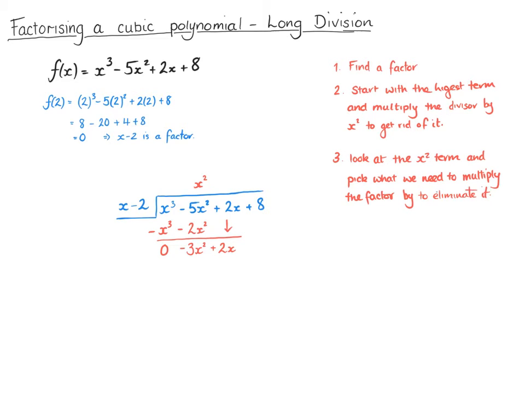Okay, so here we have negative 3x squared and we've got x. So to go from x to negative 3x squared, we need to multiply by negative 3x. And when we do that, negative 3x times x gives us negative 3x squared. And then negative 2 times negative 3x gives us plus 6x.